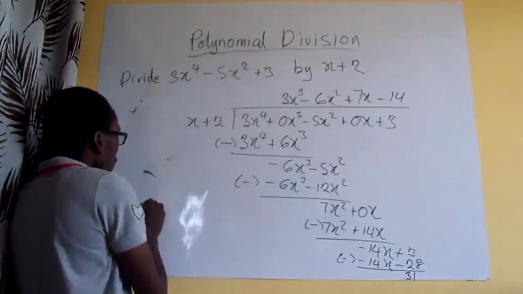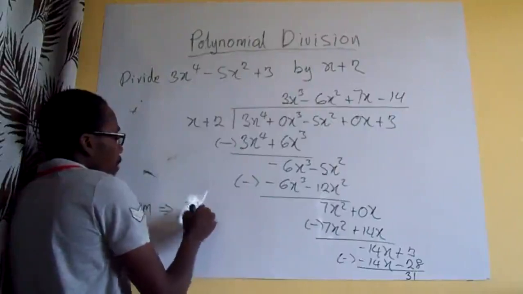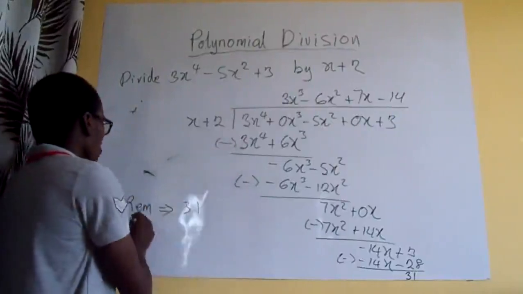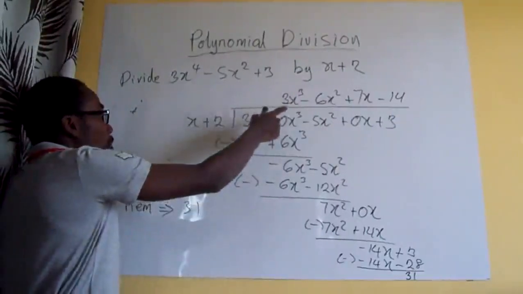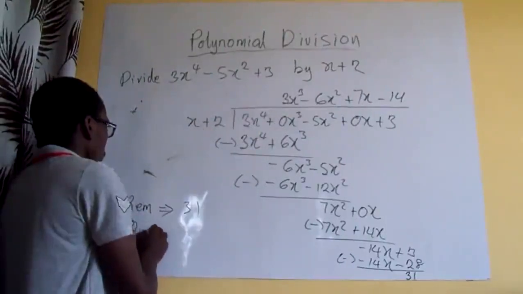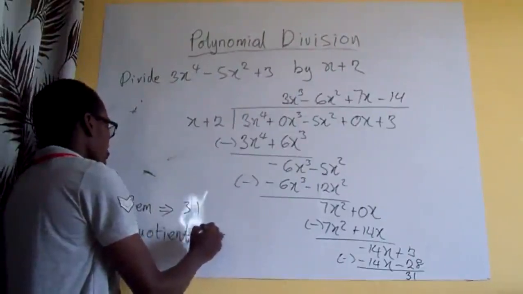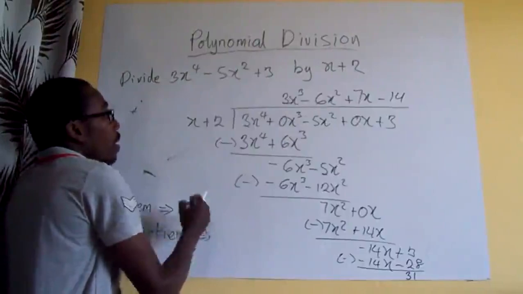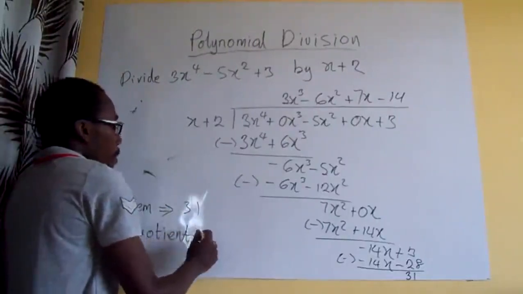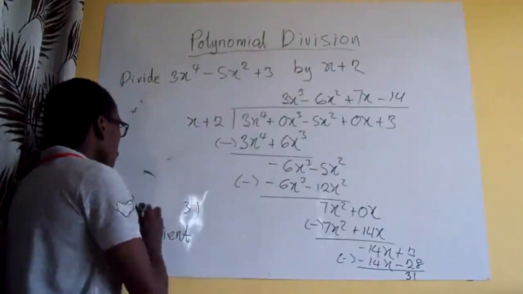Okay, so our remainder becomes 31, and our quotient, as the result of dividing this by that, gives us, let me use this instead of the implication sign.